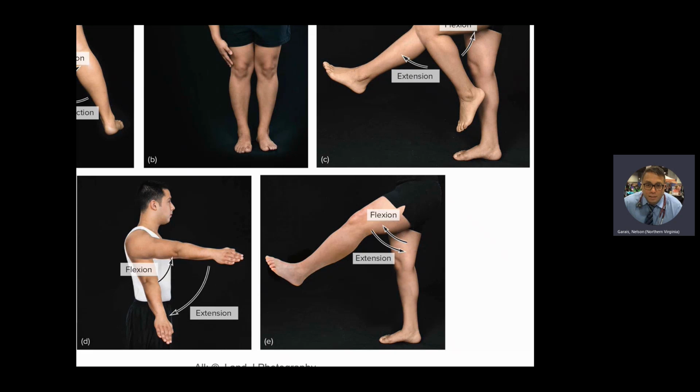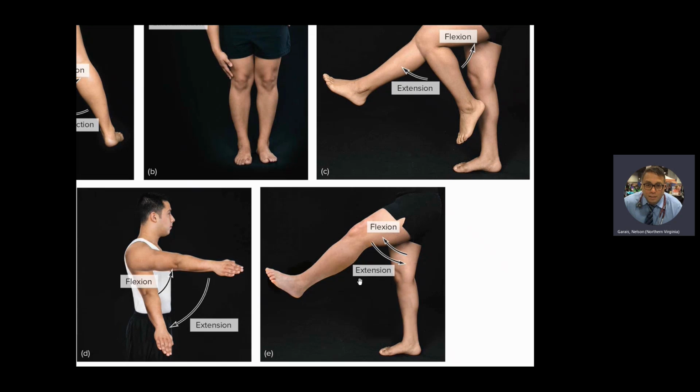So it gives a nice little balance. But if you've ever seen anyone with bone and joint abnormalities where their hinge joints are backwards on their knees, how well do they walk? Not very well, because the balance is off. So flexion and extension.